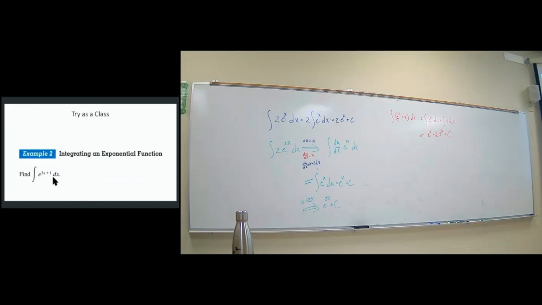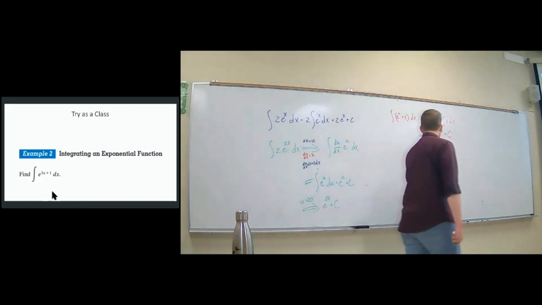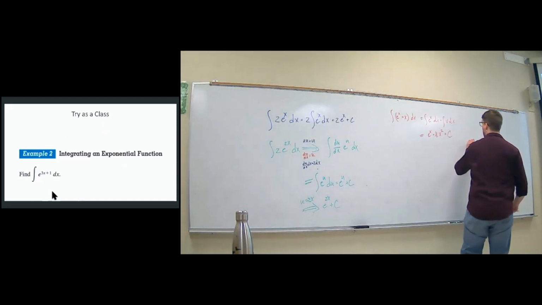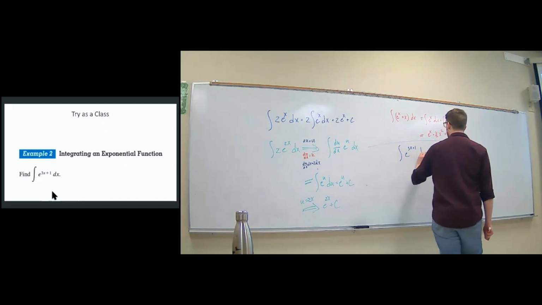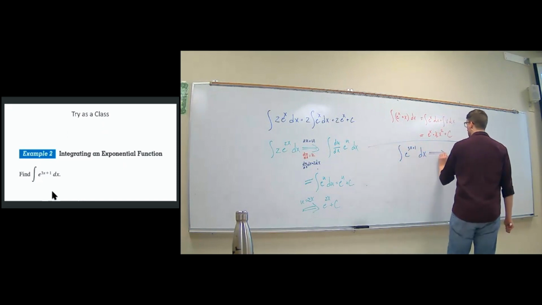So what about something like this? How are we going to integrate this? Well, in this case, we can again start by defining what u will be. We've got e to the 3x plus 1 dx.